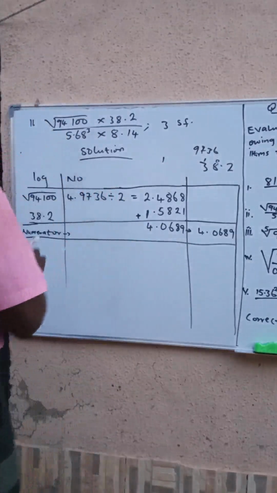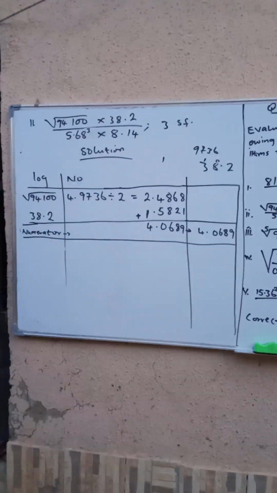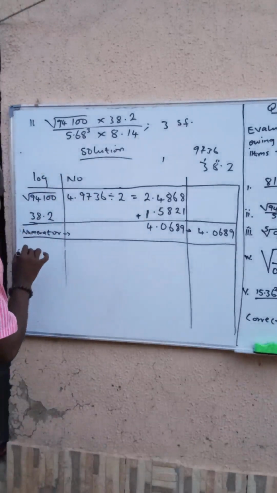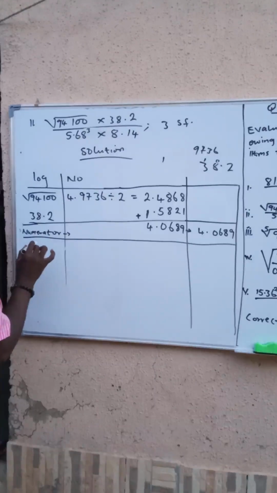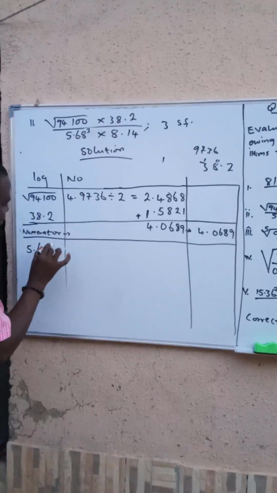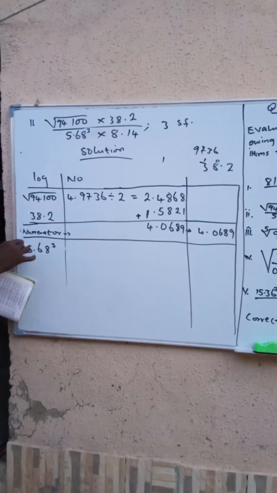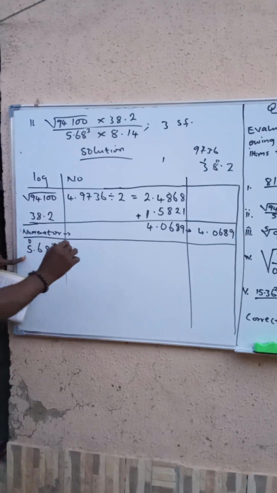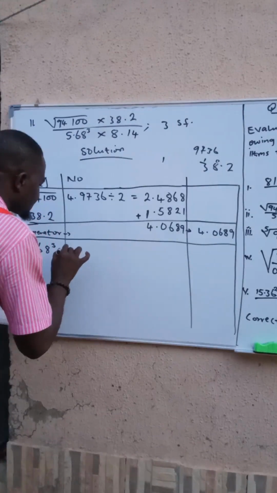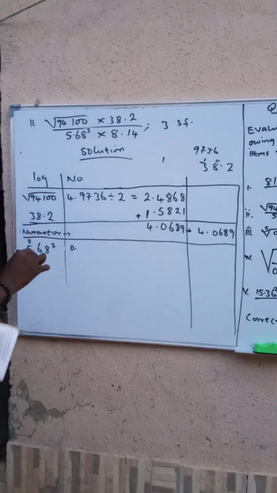So now let's start with the denominator. We have 5.68 raised to the power of 3. Now in this case, that's why I said this very question touch all other side. This is NECO or WAEC question. Now this one, if I want to start from before the decimal point, my characteristics of the integer is 0. There's no other number here. So I'll bring down my 0.